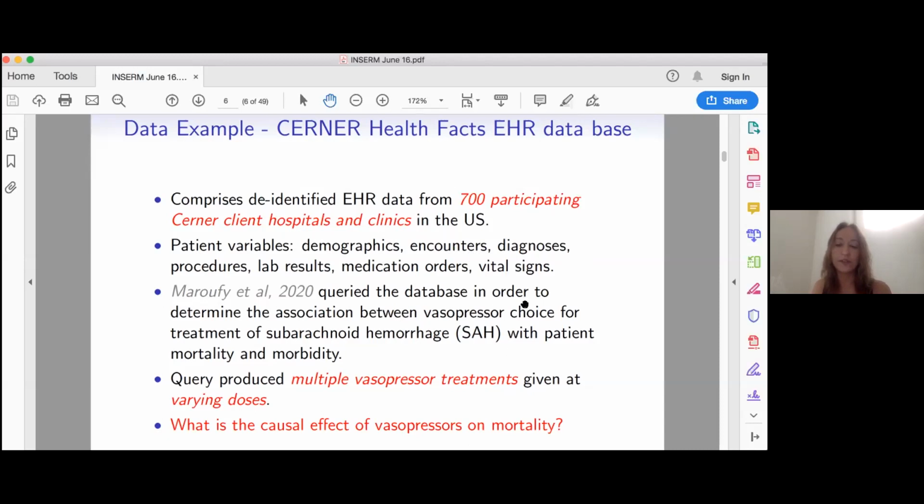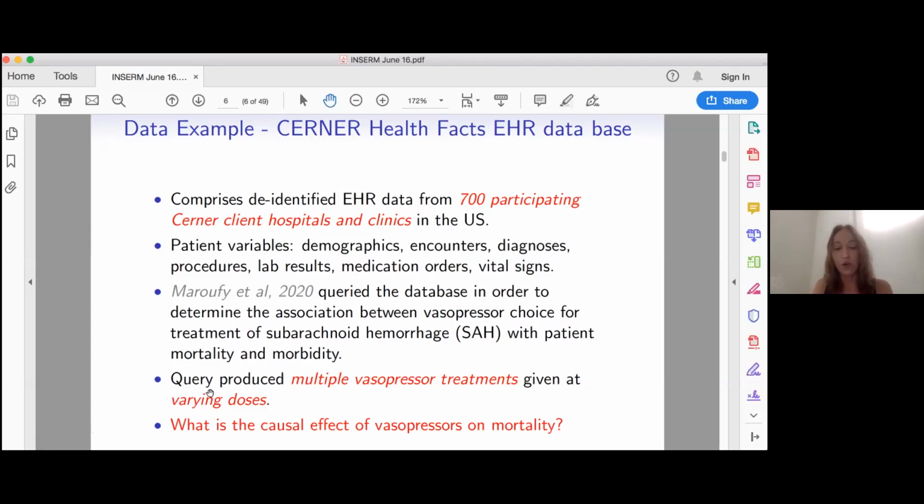We queried this database to determine the association between vasopressor choice for the treatment of SAH, subarachnoid hemorrhage. Our goal was to determine in SAH patients which of the 3 major vasopressors is most protective against mortality.